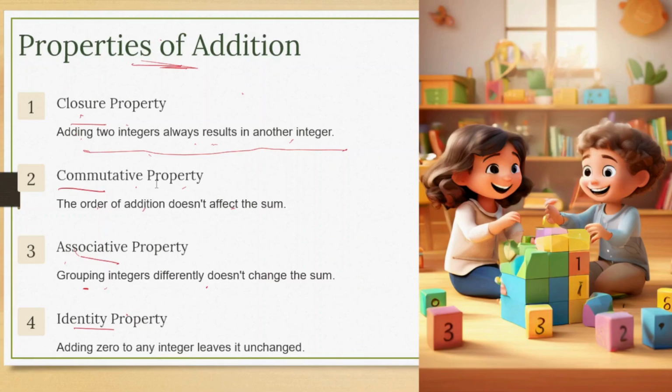Then comes the commutative property. Here the order of addition does not affect the sum. For example, if I1 is an integer, I2 is an integer, then I3 is also an integer.